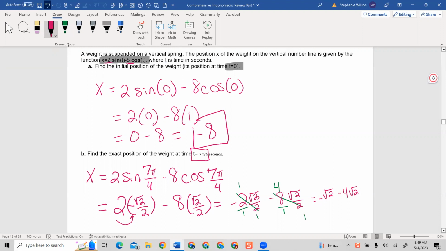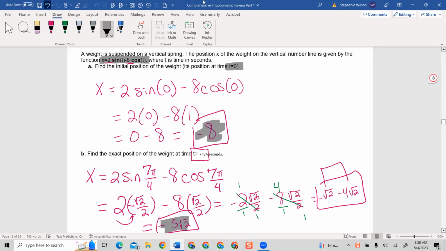Oh, we're not done. This actually cleans up better, because if you look at it, they're like terms. So I have a -1 square root of 2 minus 4 square root of 2. So my end answer should be -5 square root of 2. And that's my answer. That ends this section.